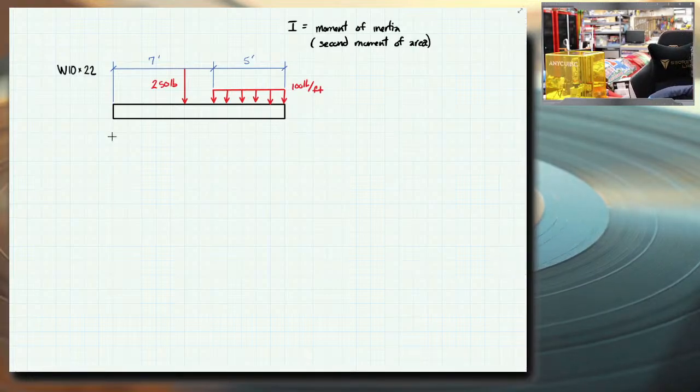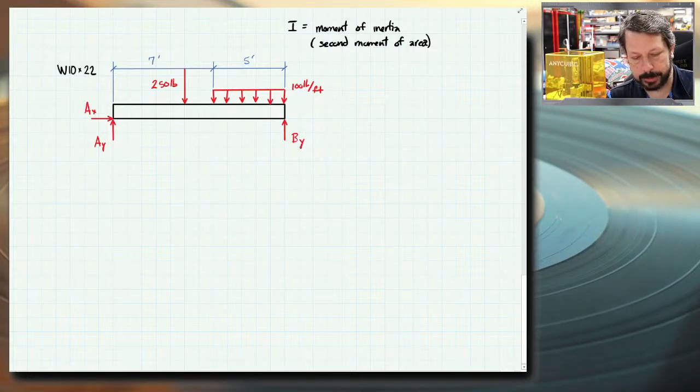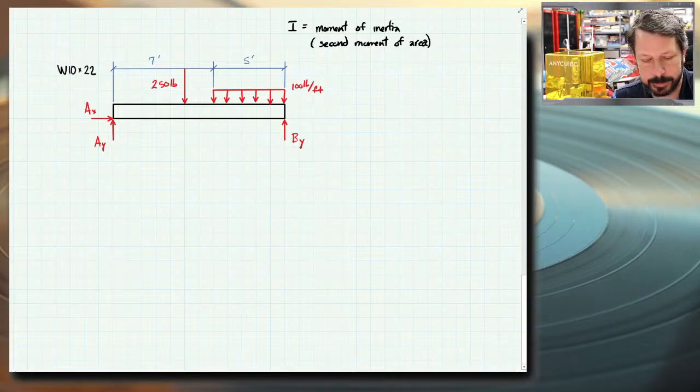The pin would have a vertical and potentially a horizontal force, and the roller is going to have a vertical force. We'll call the left-hand side point A. So this will be AY, this will be AX, and this will be point B. We'll call it BY. They weren't actually labeled on the original beam, but we'll just call them that.